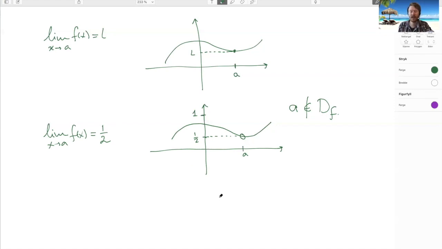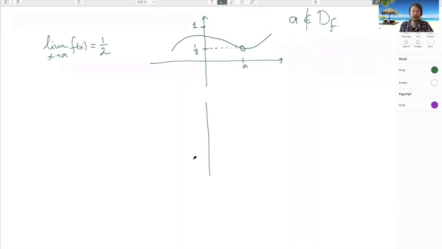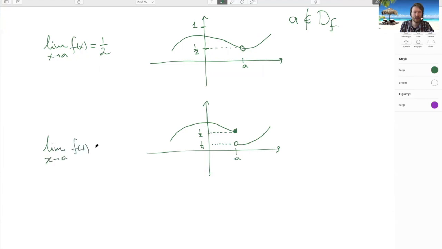So one more thing I want to bring in is the fact that we can have graphs that look, for instance, like this. So let's say we attain this value, but then we make a slight movement in the graph. So let's say that here we have the value a half, and here we have the value a quarter. We still call this point a. What can we now say about the limit as x goes to a of f(x)? Well, this finger rule of thumb, this finger intuition, is still true.